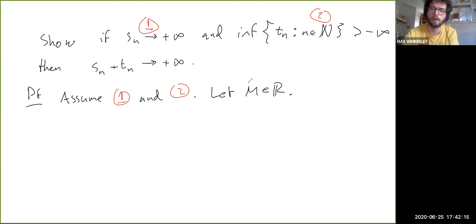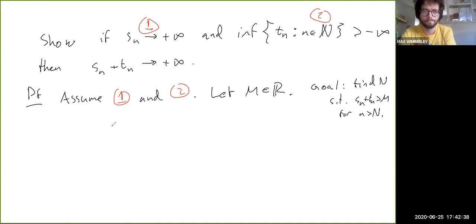So now our goal is to find N such that Sn plus Tn is bigger than m for n bigger than N. So m is like this bar that we have to get over.